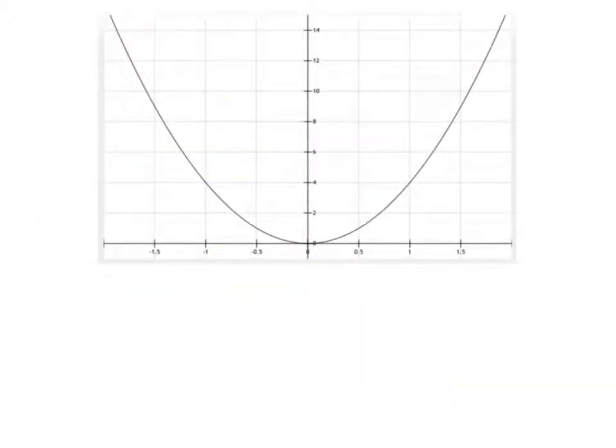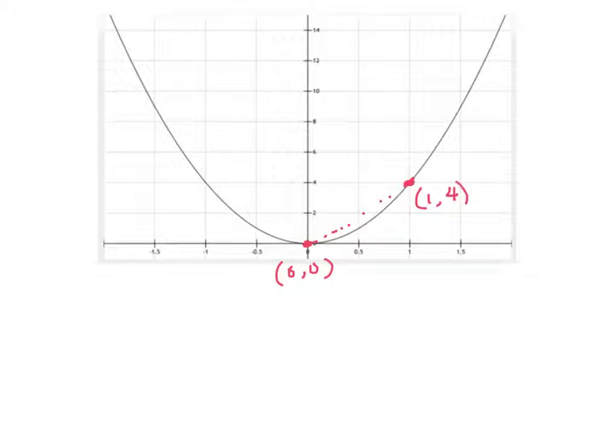This is a graph of 4x squared, and I wanted to talk about how we're going to find the slope at any point. So let's say we wanted to find the slope at 1. Now maybe you'd start by doing the slope from 0 to 1. So you'd say, okay, this is the point 0, 0. This is the point 1, 4.